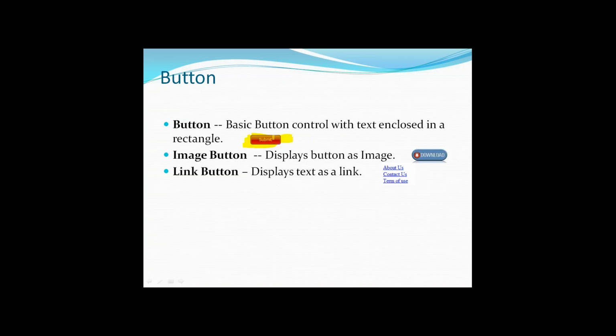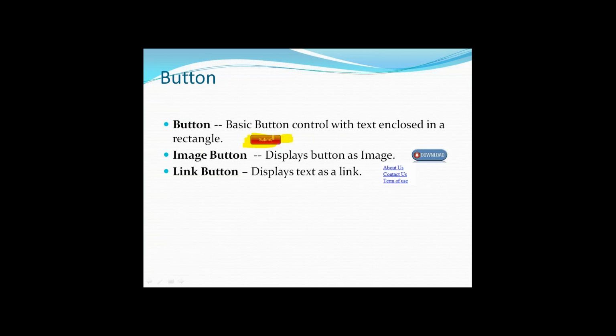So a basic button control is a button control with text enclosed in a rectangle. Okay, so this rectangle can be bordered, or it may not be bordered, or it can be solid, or it can be transparent, or anything, but it's a rectangle with text enclosed in it. Making sense?